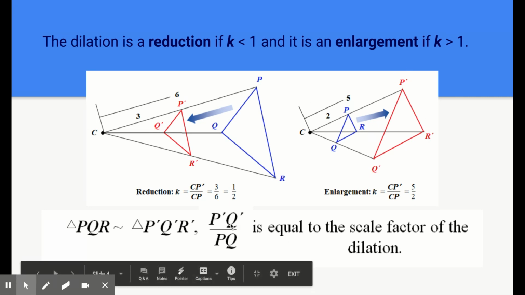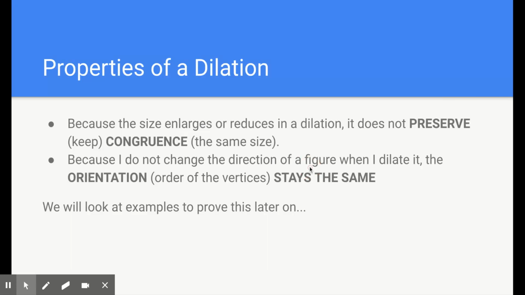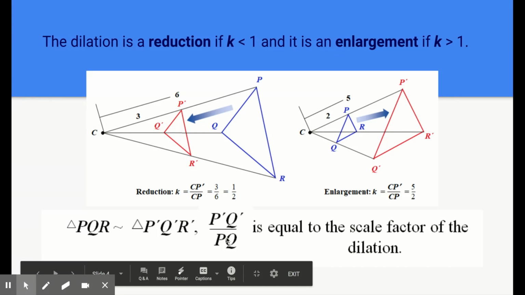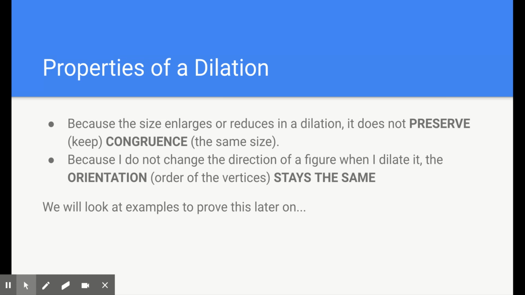So we're going to just use side P'Q', which is for my new image, over PQ, which is our old image. And they're equal to the scale factor of the dilation, okay? Let's clear that up for you. I know that was a bit confusing looking at it like that.